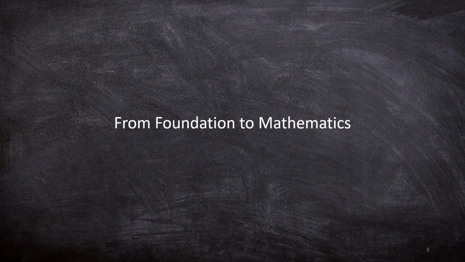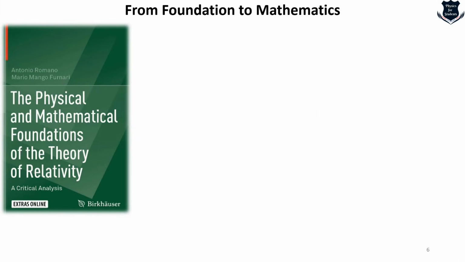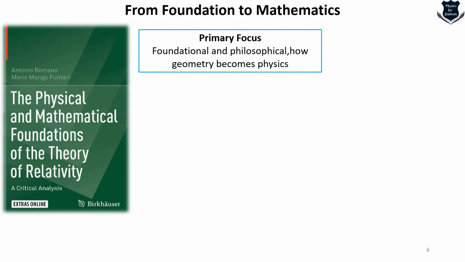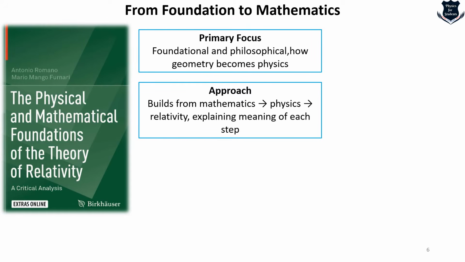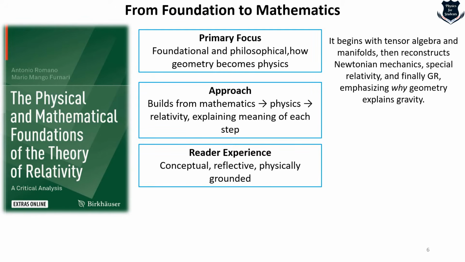Now we move from the basic foundation that we laid out in that book to the formal mathematics of GR. Here you can see that we covered primarily the foundation and philosophy, the approach that built from mathematics, physics, and relativity, and the reader's experience was more or less conceptual, reflective, physically grounded. The book began with tensor algebra.